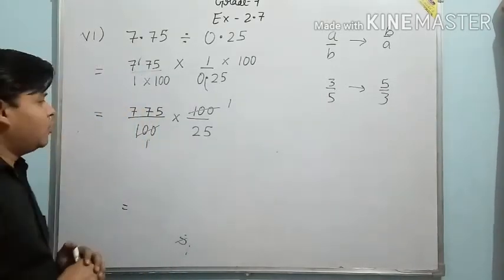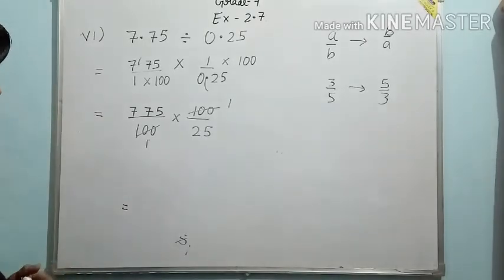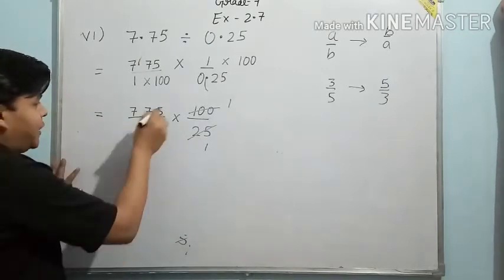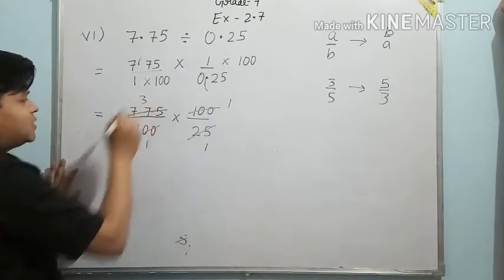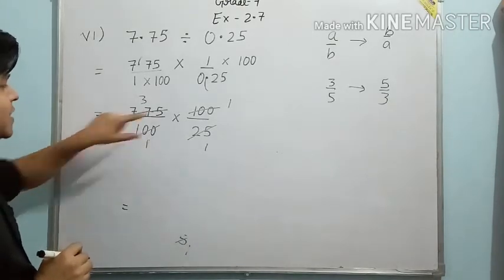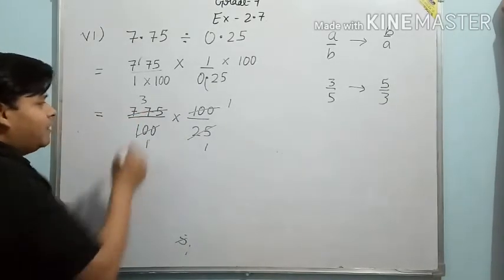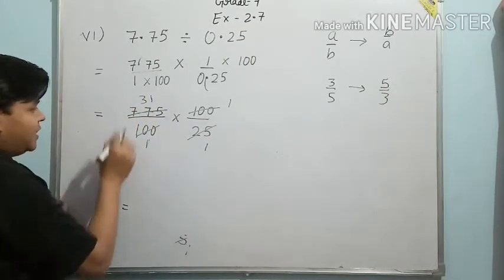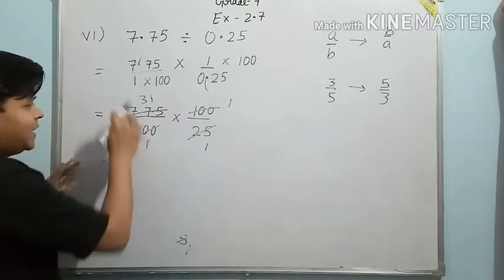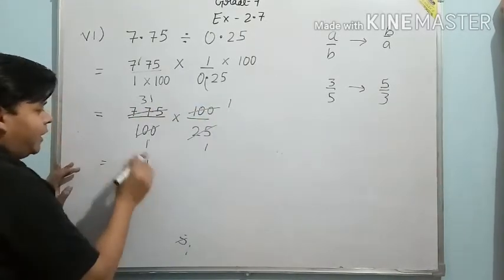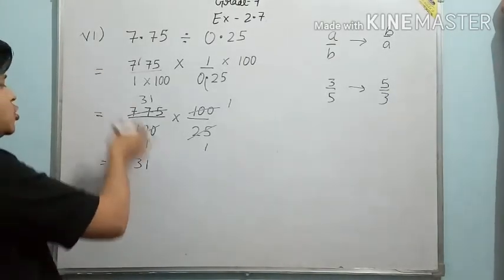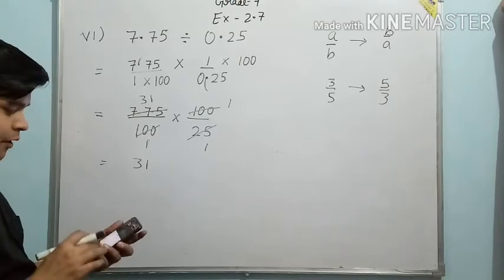Let's check whether we can divide this completely or not. 25 1 times 25, and 25 3 times 75, and 2 are left, then 2 will be sent to 5, that will become 25, and 25 1 time. That means finally this is cancelled by 25, 31 times. So finally in the numerator we have 31, and in the denominator 1 into 1, only 1, so no need to represent that number. This question is completed here.